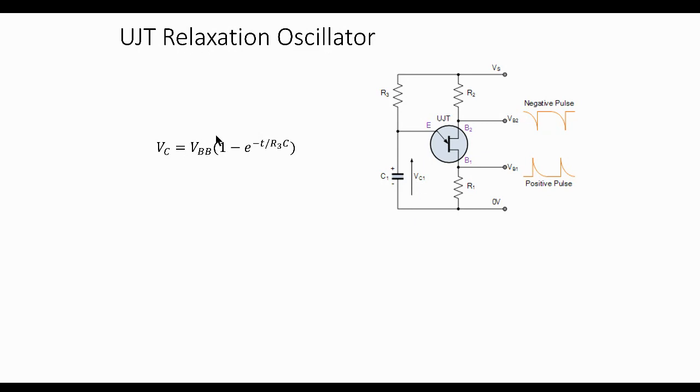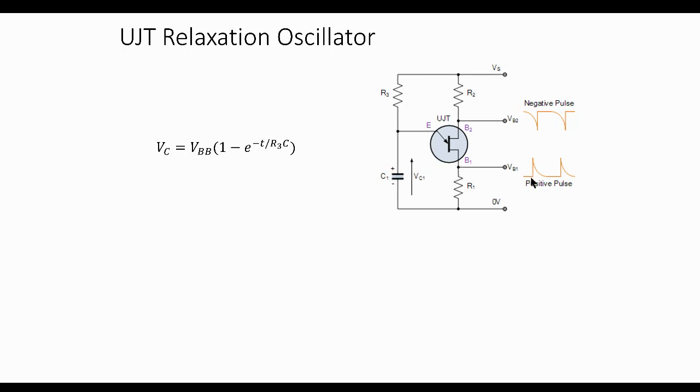It's just a function of the base to base voltage, the interbase voltage, times 1 minus e to the minus t over the time constant. And this time constant here is just the product of resistor R3 and C1.